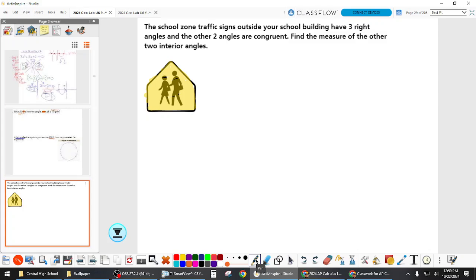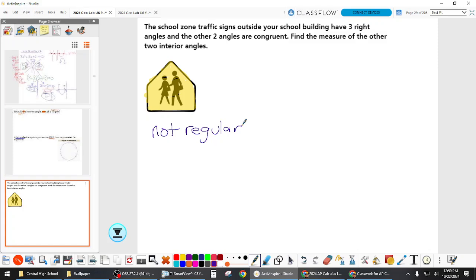Anyway, is it regular is the question. Don't overthink it. No. Do all the angles look the same? No. Like this one is acute. These are more like 90, right? Plus it says it has 3 right angles, but no, it's definitely not regular. So can we do this process on this sign that we just wrote?